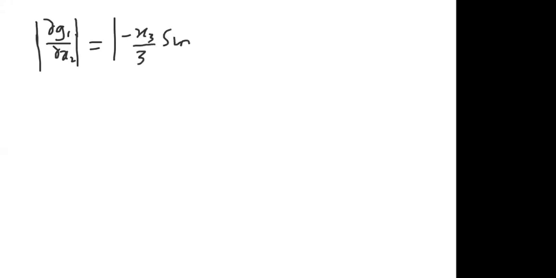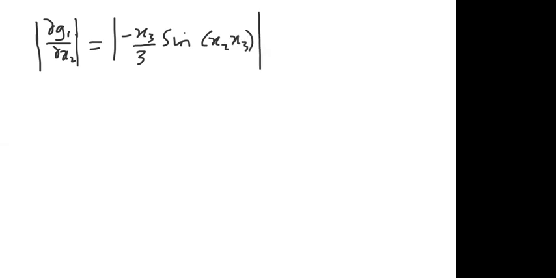So I was saying, looking at G1, then I can get the absolute value of partial of G1 with respect to X2. And we're able to see that this will just give us an absolute value of minus X3 over 3, then sine X2, X3.